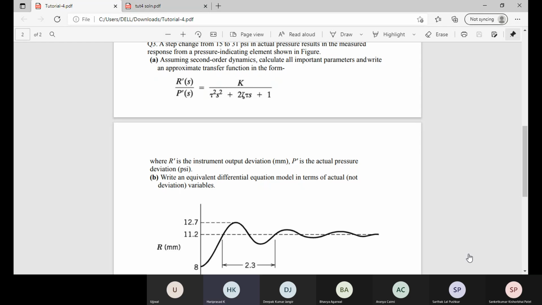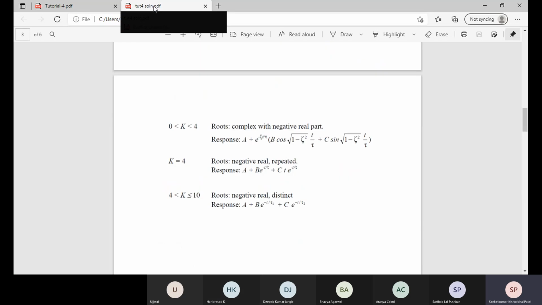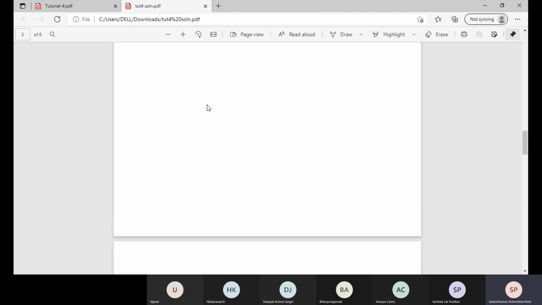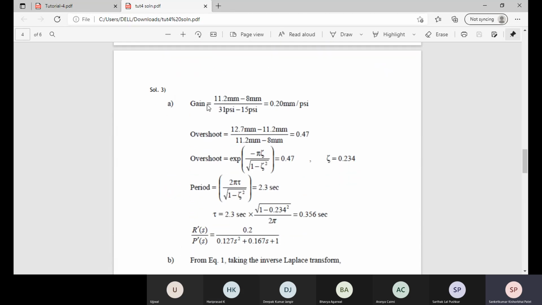Sanket, please. Go ahead. Yes. So as mentioned, we need to find the value of gain, tau, and zeta.